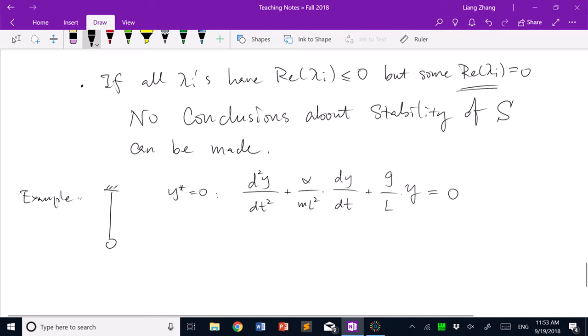Apparently all of them are positive numbers, and later on we can show, and you can do this to prove very easily, that this linearized system is asymptotically stable, since both roots have negative real part.